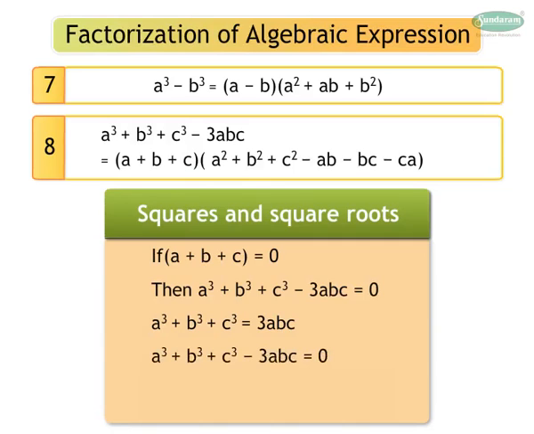In the same identity, if a cube plus b cube plus c cube minus 3abc is equal to 0 and a plus b plus c is not equal to 0, then remember a is equal to b and b is equal to c. That is, a is equal to b is equal to c.